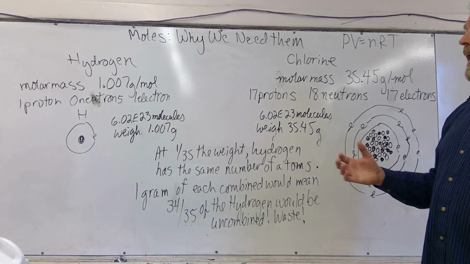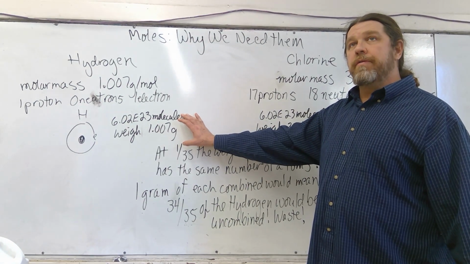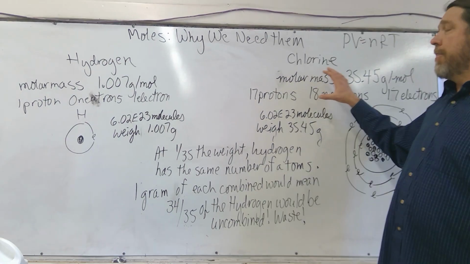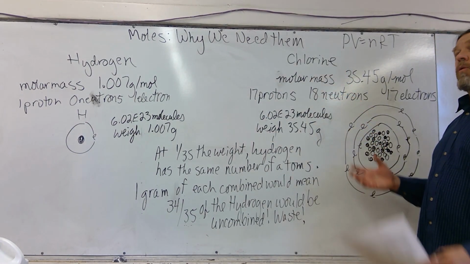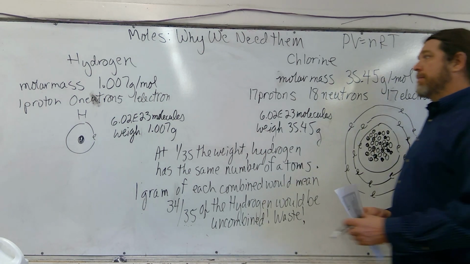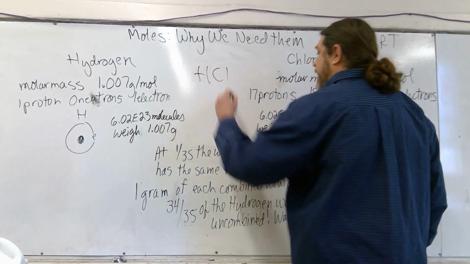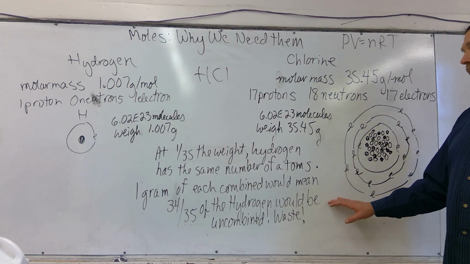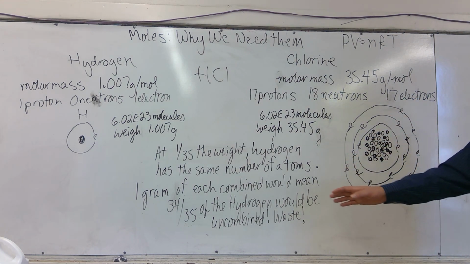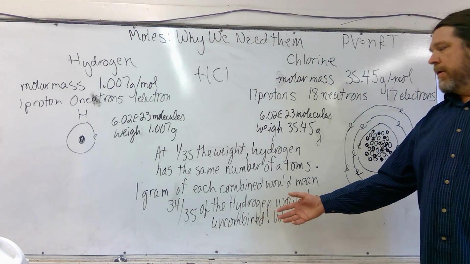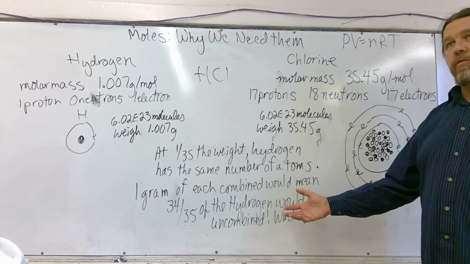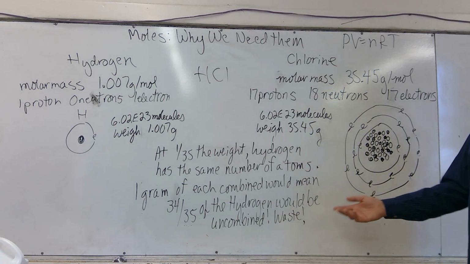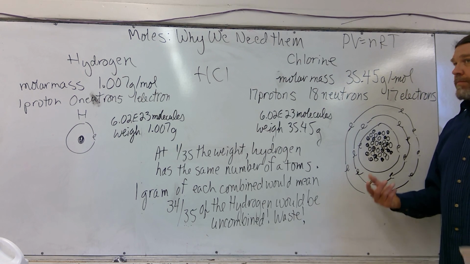So if I had 10 grams of hydrogen, then I need to multiply that 10 by 35 and make that 350 grams of chlorine to get the same number of atoms so that we can make the HCl. If we're matching masses, this is bad, because 34/35 of the weight of the hydrogen winds up being unused. We've wasted a bunch of material.